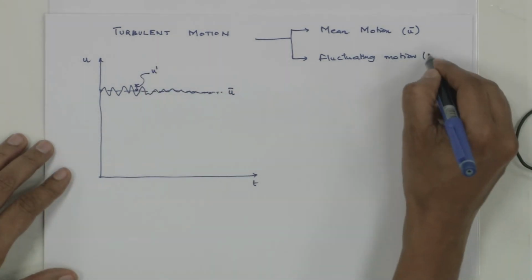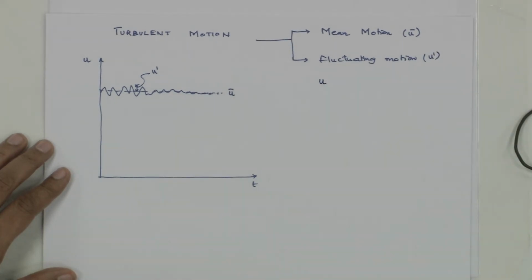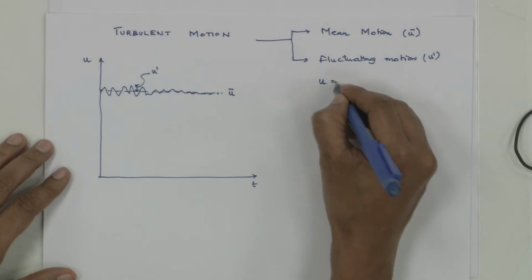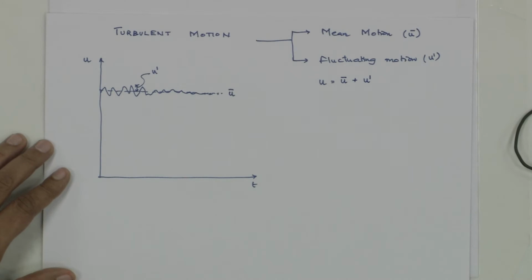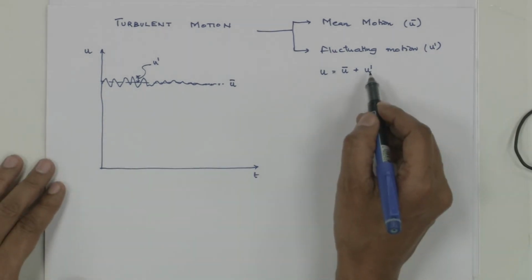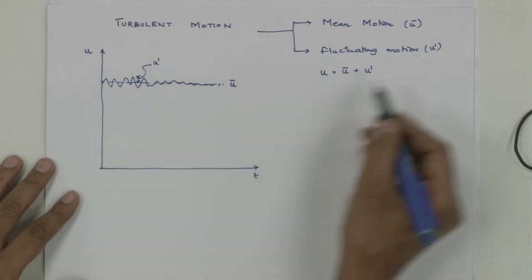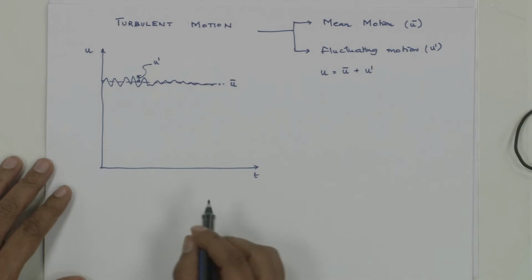So velocity at any instant, u, is equal to u bar plus u prime. It is not that u prime is always positive, it can be negative also.